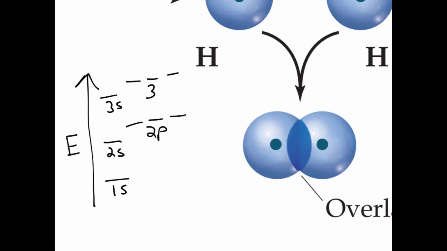I'll draw just a few of these orbitals by hand, and I'll remind you of the different things that we focused on when we had discussed these atomic orbitals. We said that electrons could be in any one of them. That's true. We said that any one of these orbitals could hold a total of 2 electrons, a maximum of 2 electrons, and they had to be opposite in spin.